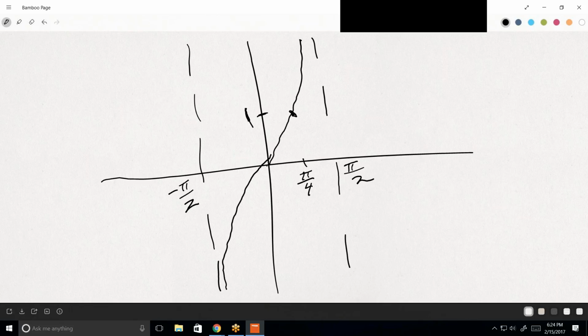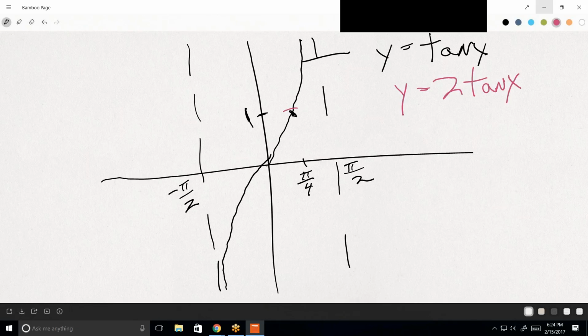Okay. Because if this is y equals tan x, then I want to do y equals 2 tan x. Well, where's this point going to be? 1 up. Yeah, it's going to be twice as far away from the x-axis.